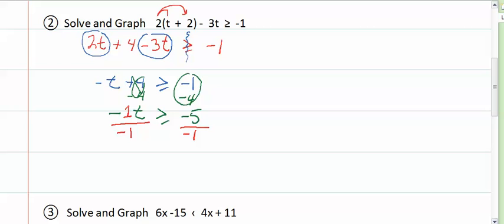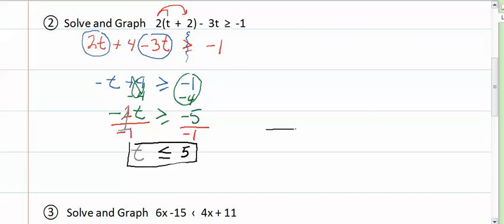Negative and negative is a positive 1, so again another large and in charge 1. When you divide by a negative number, we need to make sure that we do not forget to switch our sign in the other direction. Negative and negative is positive 5. Okay, so this is our solution. T is less than or equal to 5.